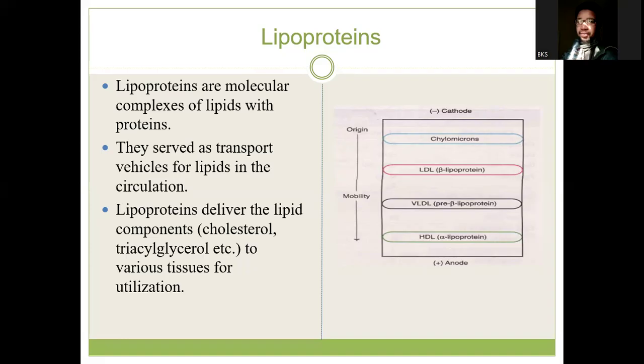Therefore, it is very difficult for lipids to easily be transported in these extracellular fluids. Therefore, there is a need for a means where these molecules can be transported from one part of the body to another, from one organ to another. So these lipoproteins form a complex of lipid and a particular type of protein called apoprotein.